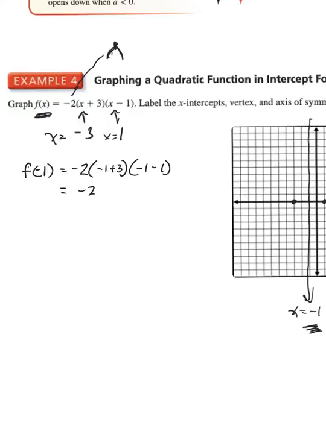This is -2 times 2 times -2. 2 times 2 times 2 is 8, with two negative signs making it a positive 8. So f of -1 is 8, and we have a vertex at -1, 8. Somewhere up here, I hope.